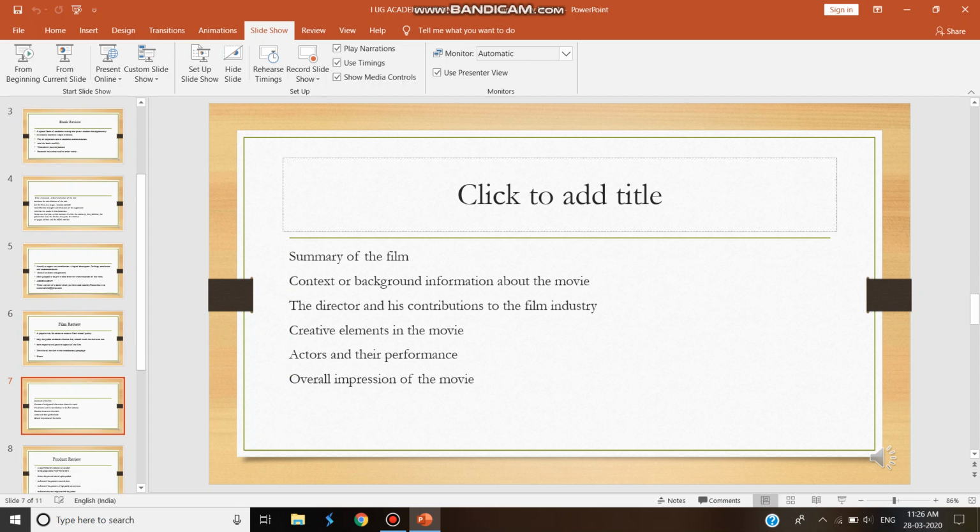And you are also required to give the summary of the film and also the context or background information about the movie. Suppose you are reviewing the movie Virus. So you can give the background information that the movie has been produced in the context of the Nipah outbreak in Kerala. And also you can write about the director and his contributions to the film industry.